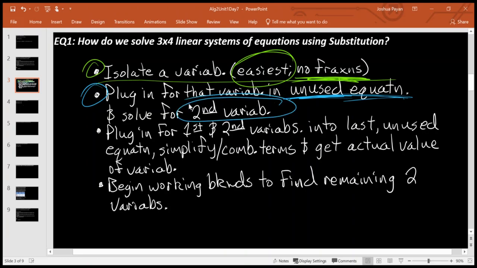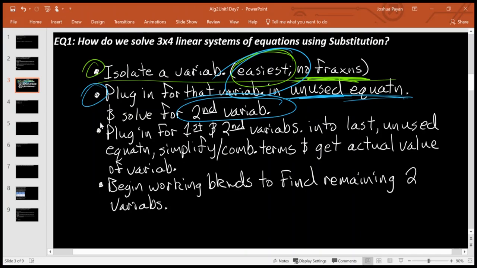You'll be left with two when you plug in for the first one. So just pick whichever one is the easiest, again with no fractions. If that does happen, which usually it doesn't, you may want to backtrack and see if you made a mistake or if you just want to take another route.